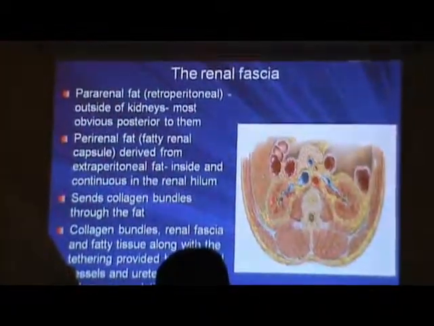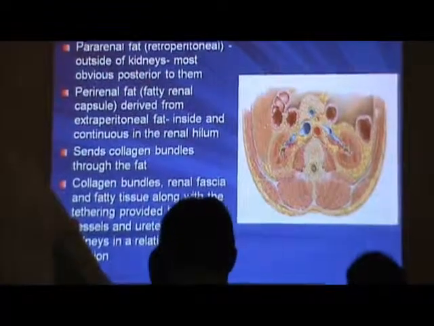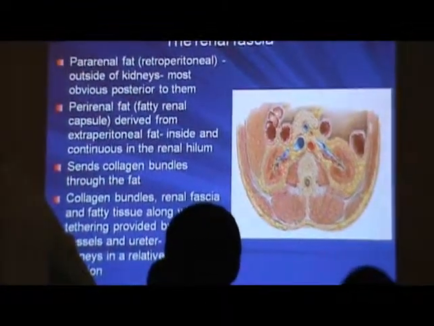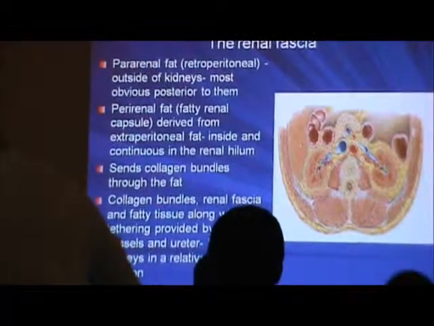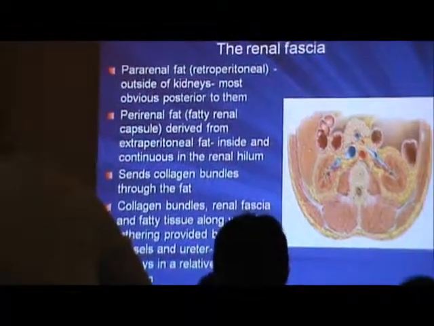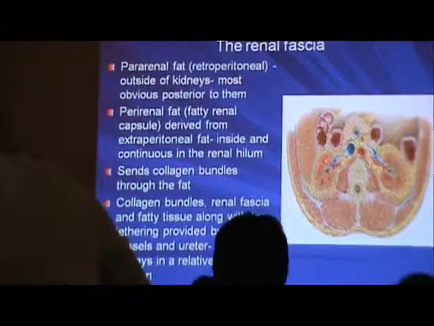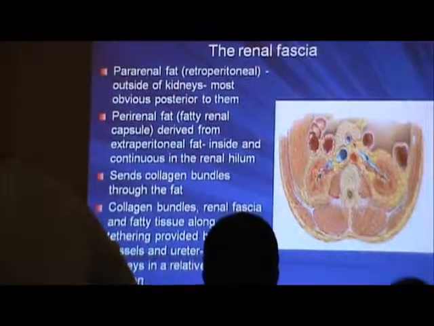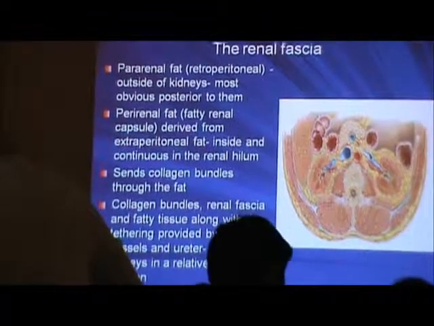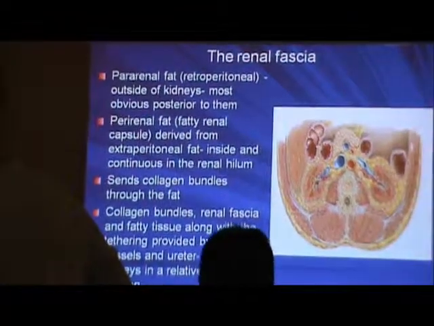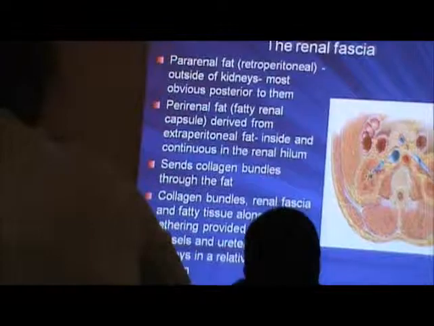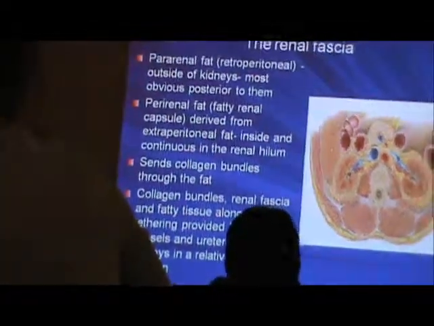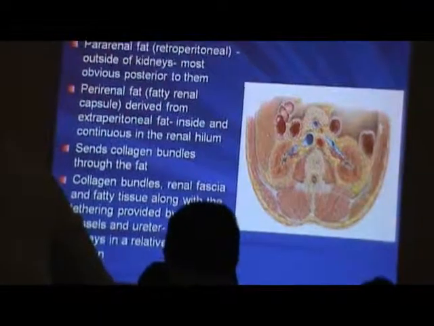This renal fascia sends collagen bundles through the fat. The collagen bundles, the renal fascia and the fatty tissue, along with the tethering provided by the renal vessels and ureter, hold the kidneys in a relatively fixed position. Yes, we know that the kidneys can move, but generally we can say that the kidneys are in a fixed position.